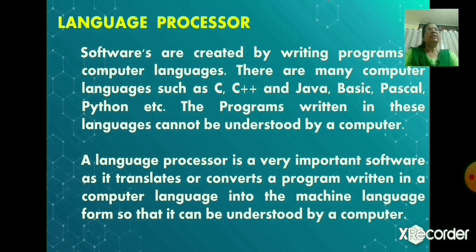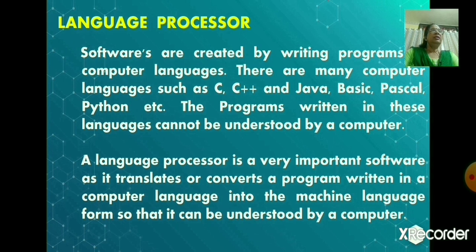So language processor is very important software. What will the language processor do? It translates or converts a program written in a computer language into the machine language form, so that the computer can understand, right?